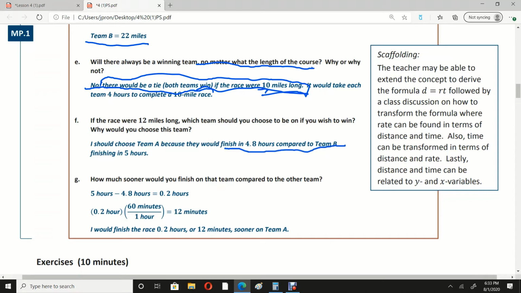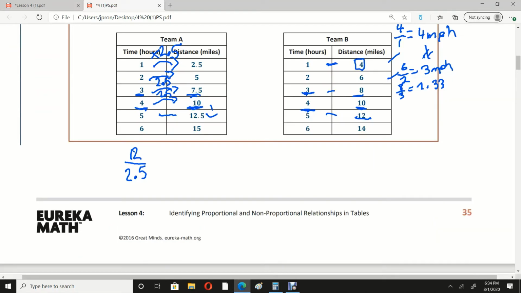They figured out how long it would take each one of the teams to do 12 miles. So as you can see, Team B is slightly slower in there. Great. How much sooner would you finish on that team compared to the other team? 5 hours minus 4. Yeah. Okay. So this problem actually takes a couple of steps here, right?